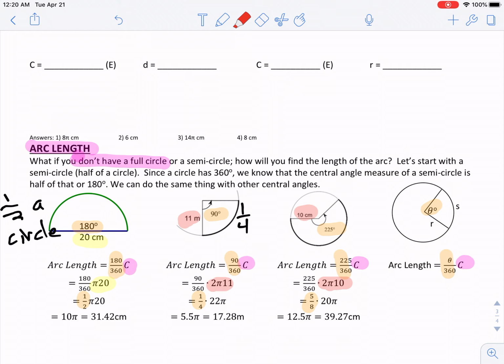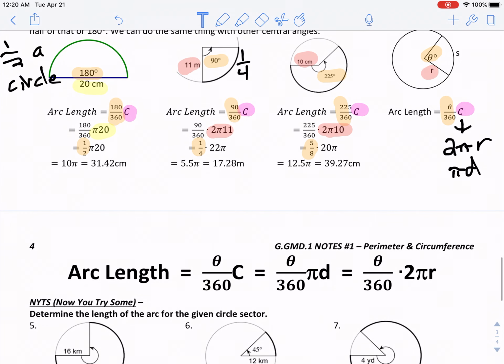This one over here, they gave us the radius, so when we plugged in for c here, we would use 2 times pi times r. If they gave us the diameter, we could plug in there pi times d. That's our third equation, as we notice on the next page.